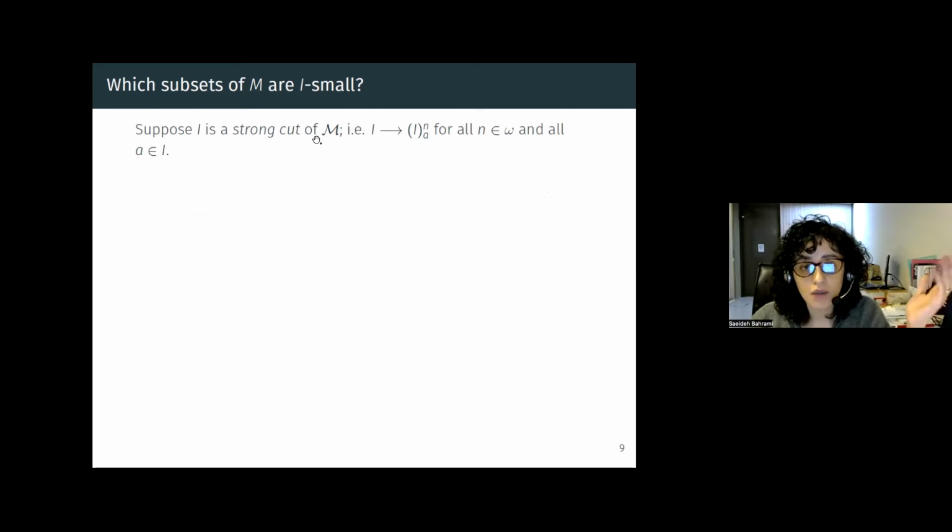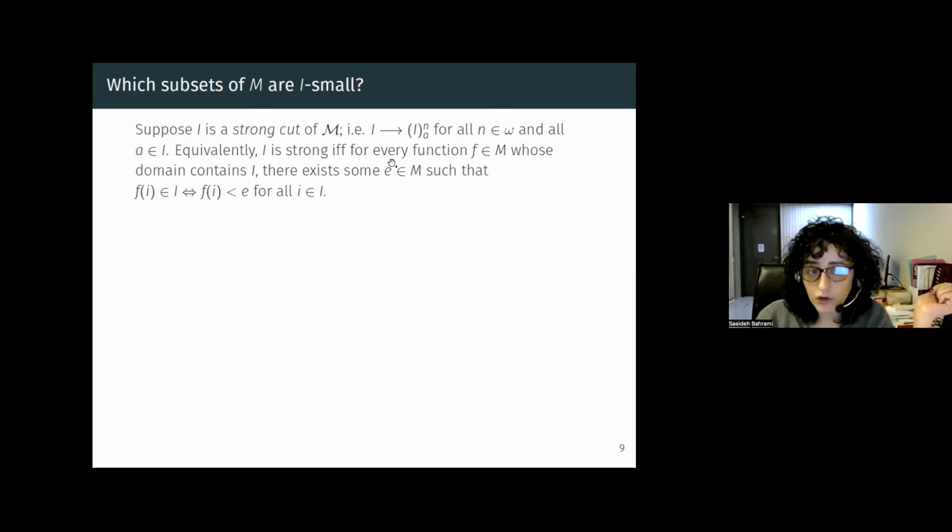By strong cut, I mean that these combinatoric facts hold. Those who are familiar with Ramsey theory know that this is a combinatoric fact that says that if we have a function from n to a, it should have a homogeneous subset.